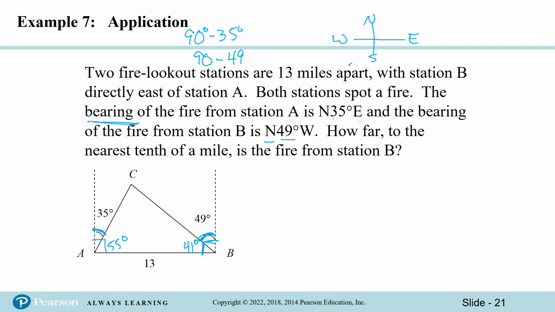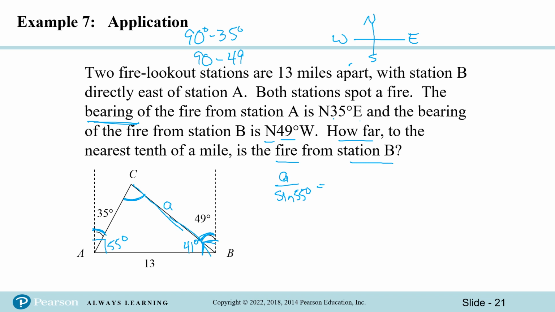We need to know how far is the fire from Station B. So we're trying to find this side right here, which is side A. So A over the sine of 55 degrees will be, we're gonna need this angle right here.